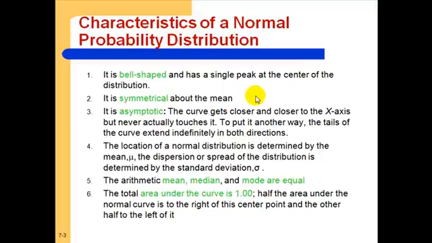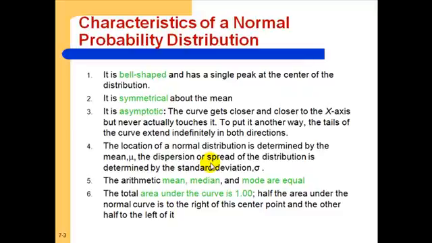It is asymptotic. What that means is the curve gets closer and closer to the x-axis, but it never actually touches it. To put it another way, the tails of the curve extend indefinitely in both directions. The location of a normal distribution is determined by the mean.